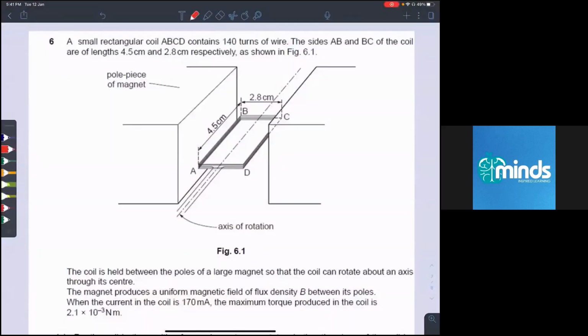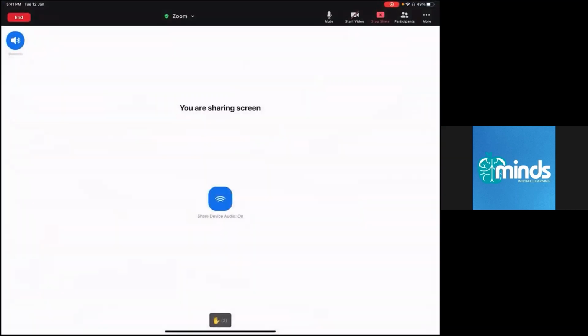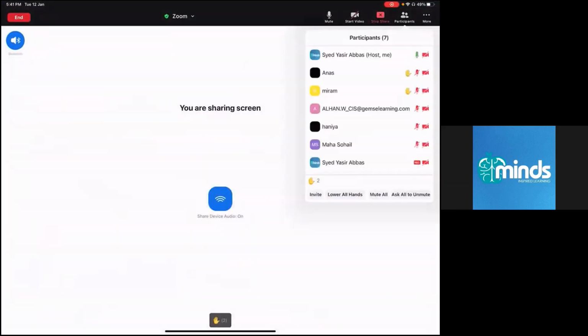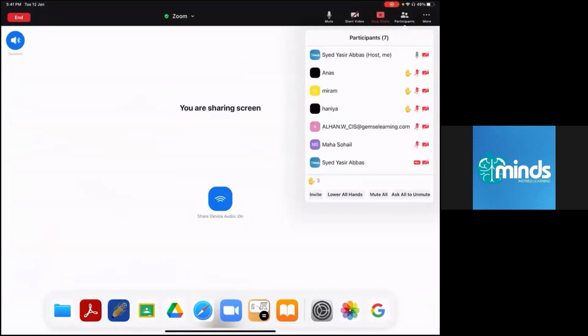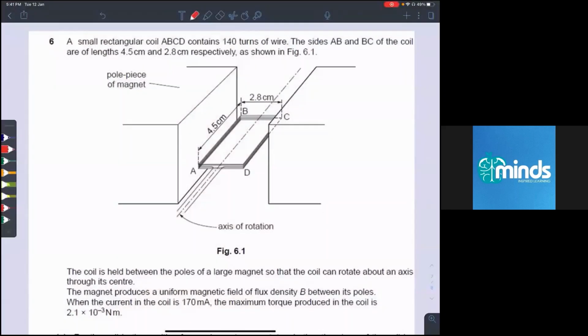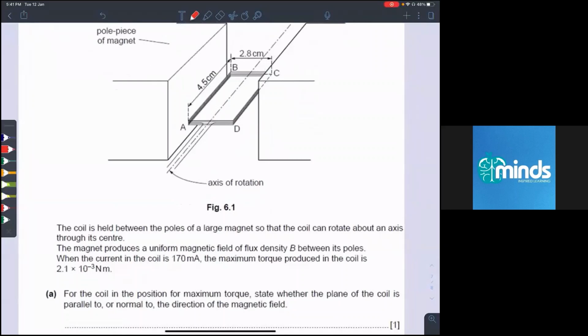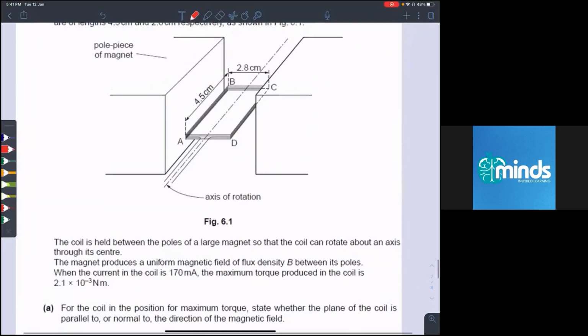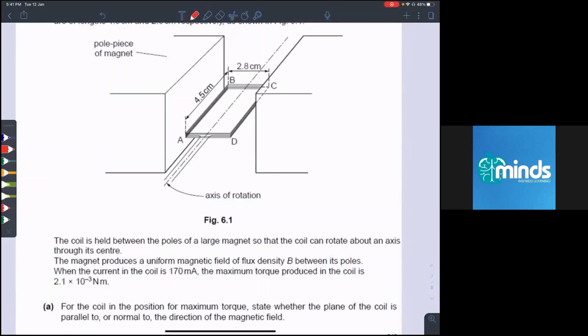Okay, how many of you are done solving this question? So let's quickly discuss the answers. A small rectangular coil ABCD contains 140 turns of wire. The sides AB and BC of the coil are of length 4.5 and 2.8 respectively, as shown in figure 6.1. The coil is held between the poles of a large magnet so that the coil can rotate about an axis through its center. The magnet produces a uniform magnetic field of flux density B between its poles.